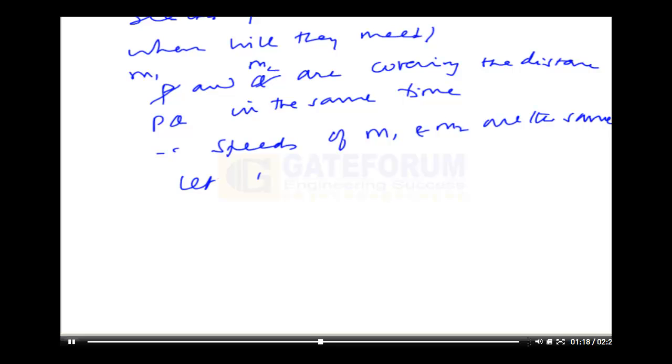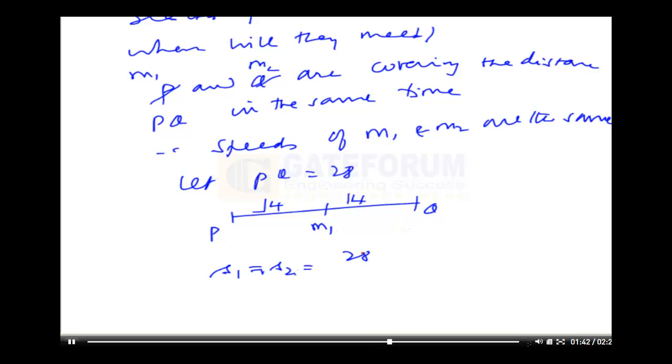Let's take some distance. Let PQ be 28. So man 1 will be halfway, which is 14 kilometers. The speed of first person and second person, 28, they are traveling in 4 hours, so 7 kilometers per hour.